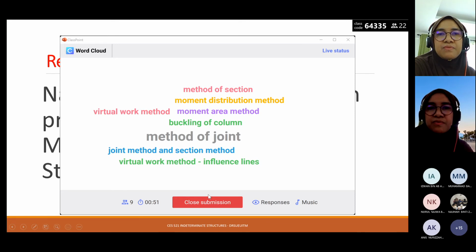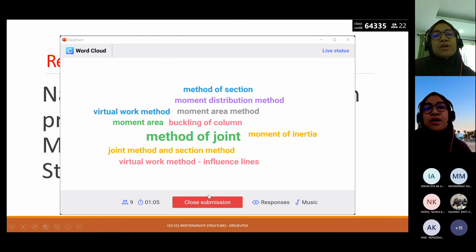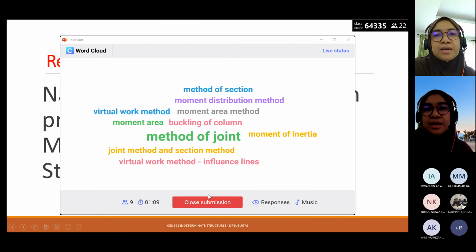Okay, good. Virtual work method to analyze displacement or deflection. Moment area method is also one of the methods to calculate deflection. Moment of inertia, we use moment of inertia in order to analyze deflection.